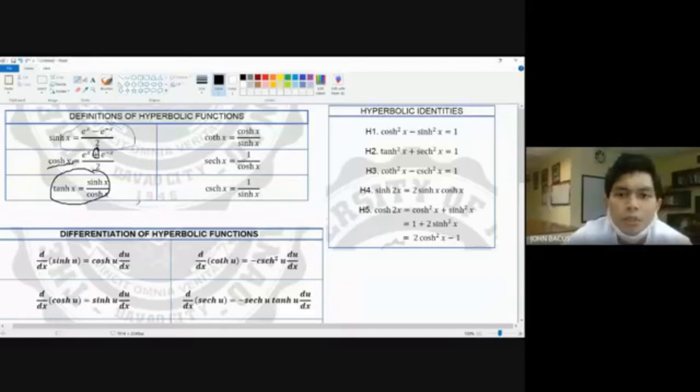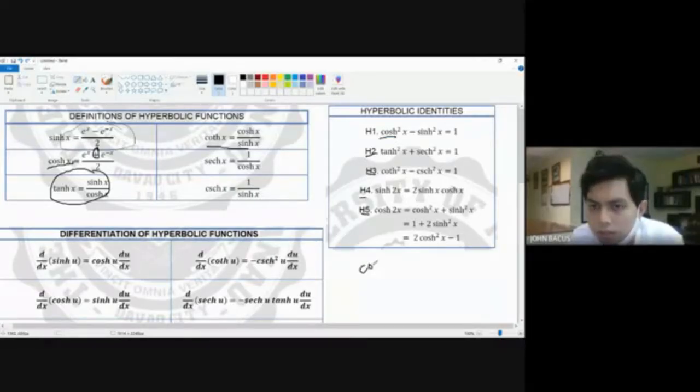And the important identity for hyperbolic functions is this one. Instead of plus, it becomes minus. From this we get H2, H3, H4, H5, and so on, starting with H1.